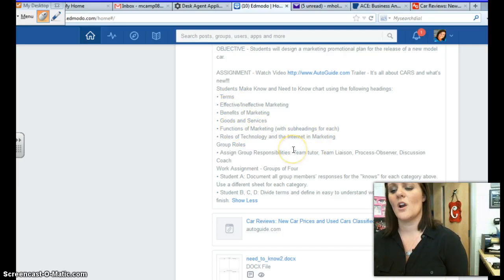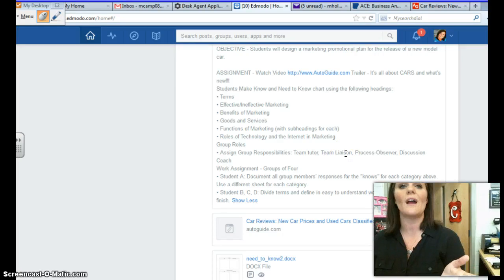We together as a school decided that anytime we work in groups, we should have these roles. A team tutor who helps another group member who doesn't know these things. A team liaison, this is a person who goes in between me and your group.